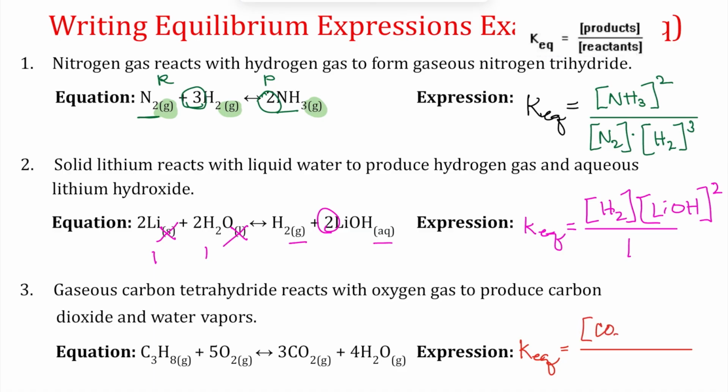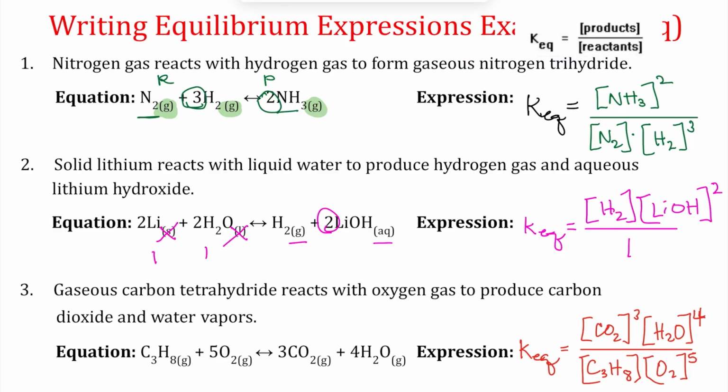I've got CO2, but I have 3 moles of that, so CO2 cubed. I have H2O, but I have 4 moles of that, so to the 4th, all over C3H8. I only have 1 mole of that, but it still needs its own brackets, times the O2 concentration, and that is to the 5th.